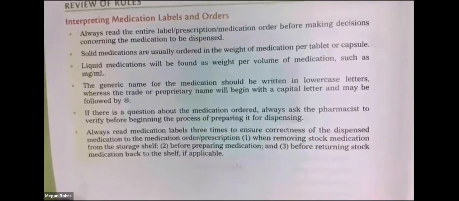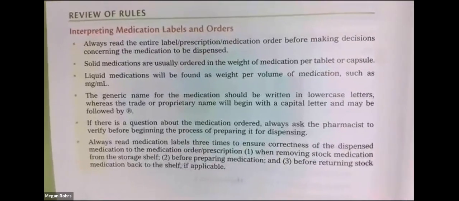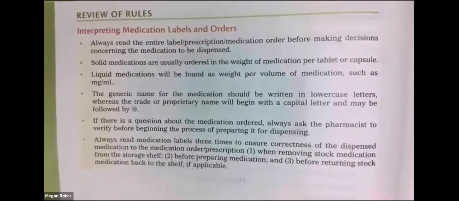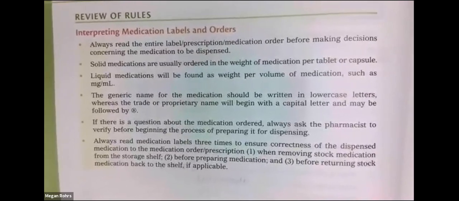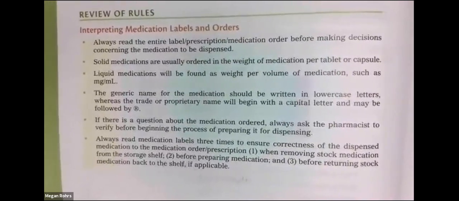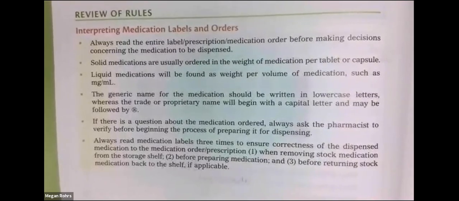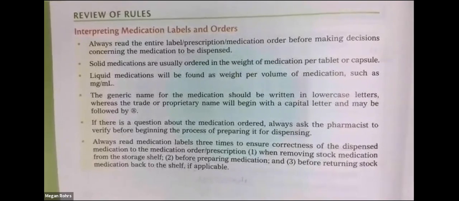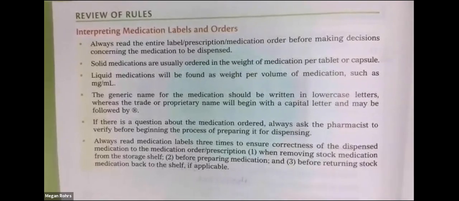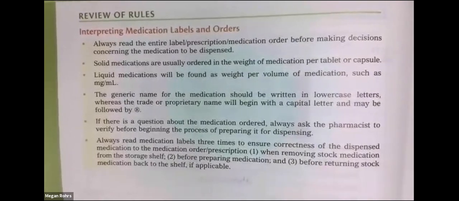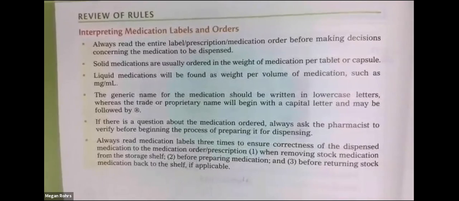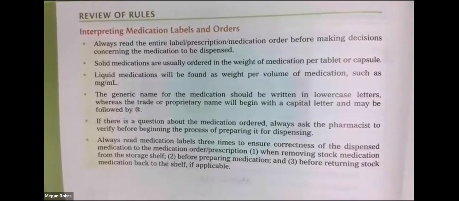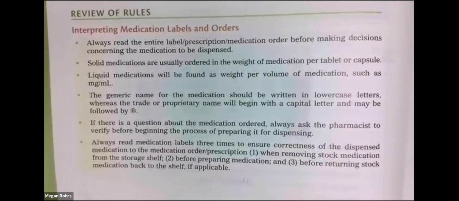All right, and then lastly, I just wanted to draw your attention to page 148. I really like this bulleted list here, reviewing a list of rules that you should follow when we're interpreting labels and orders. Number one, always read the entire label or prescription or med order before making decisions concerning anything that you're going to dispense.